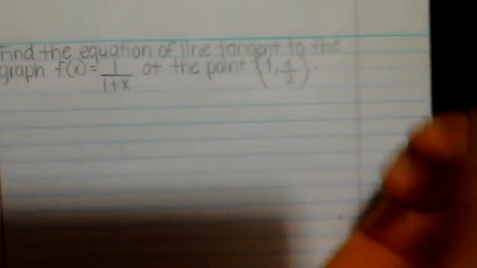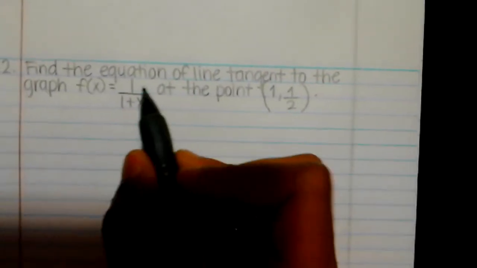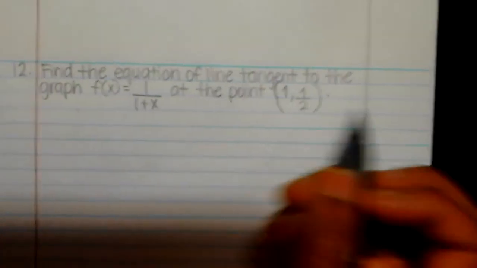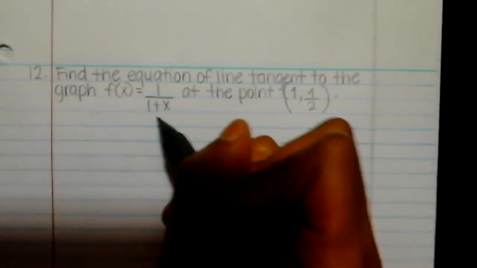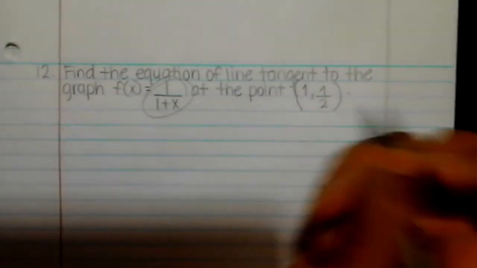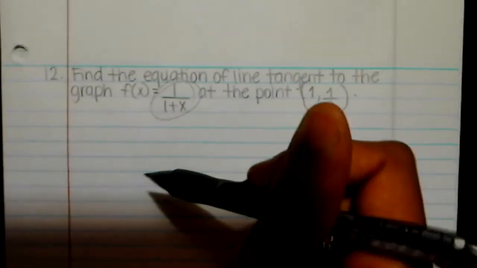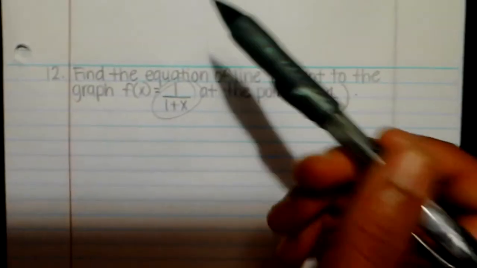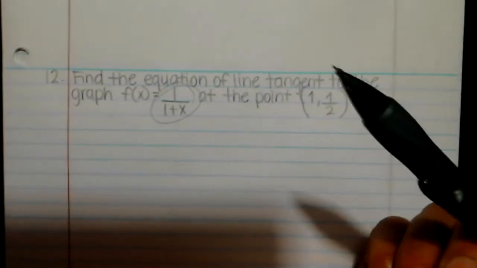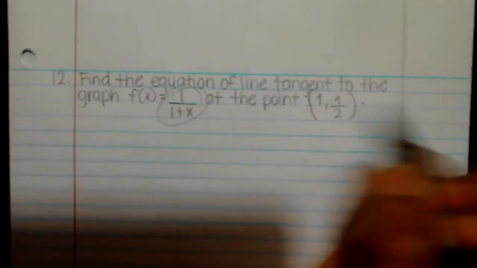And the last problem, find the equation of a line tangent to the graph of f of x equals 1 over 1 plus x at the point 1, 1/2. First, what I'm going to do is find the derivative of this equation. I'm going to use the quotient rule, which is the bottom function times the derivative of the top minus the top function times the derivative of the bottom, all over the bottom squared.